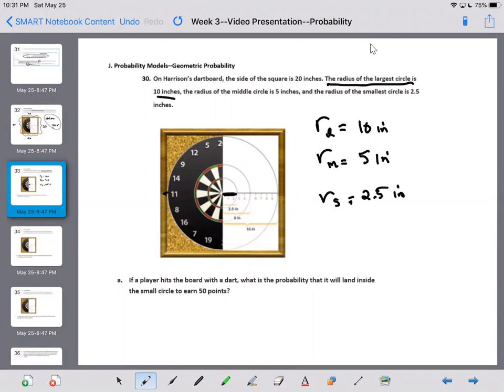If you hit the center of the smaller section, you're going to get more points. So we're asking, what's the probability that it would land inside here?